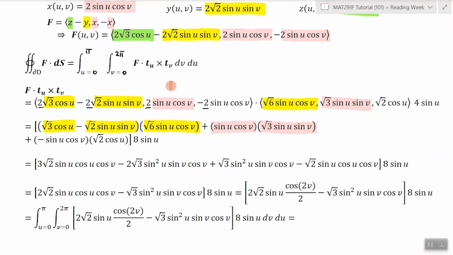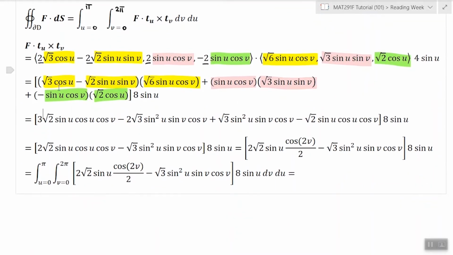And then for the z component, I had this and this. And I got this and this with a minus. And then 8 sine u is the same, okay?